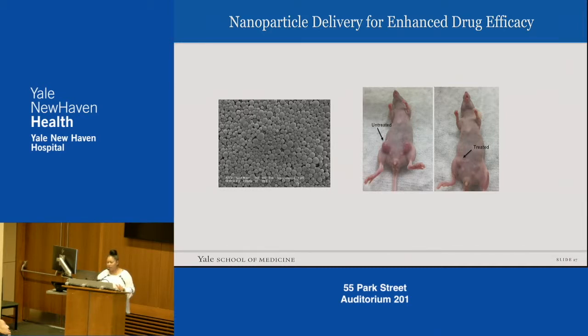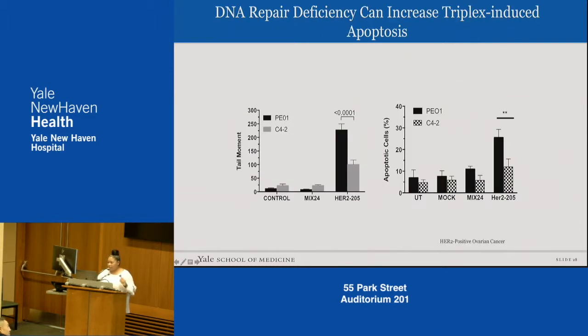So we've started a collaboration with the Salzman lab. In a quick experiment, we have found that if we load our TFOs into nanoparticles, we can have, after one dose, a pretty dramatic decrease in tumor size. In addition, we have been exploring work showing that DNA repair deficiencies can also increase the activity of apoptosis induced by TFOs.